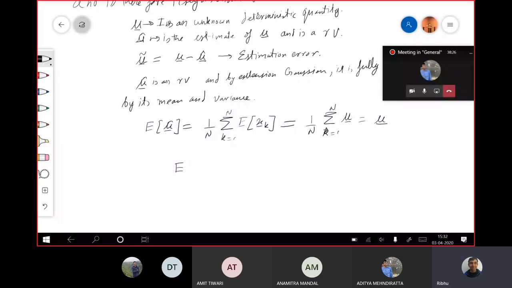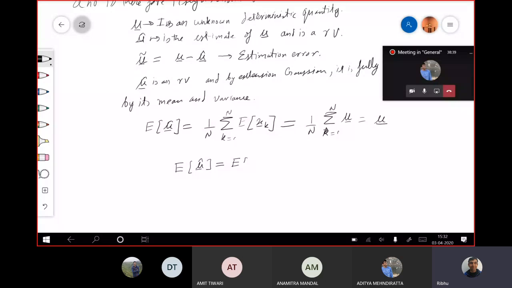Yes. So coming back, the expected value of mu hat equals mu. So this is called an unbiased estimator.